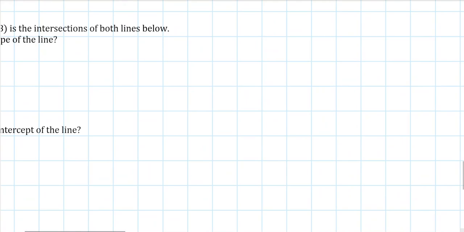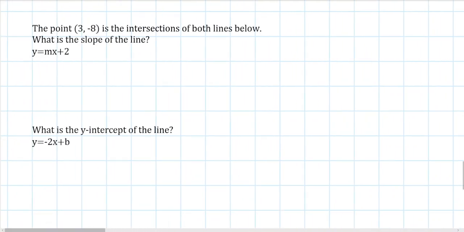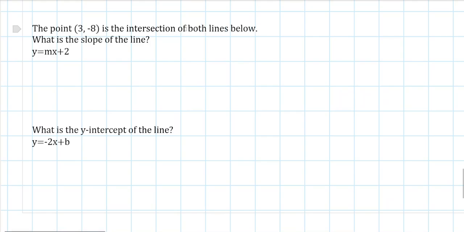Here is a little bit of an algebraic sort of problem. So if the point there is the intersection of both of the lines below, what is the slope of this line and what is the intercept of this line?